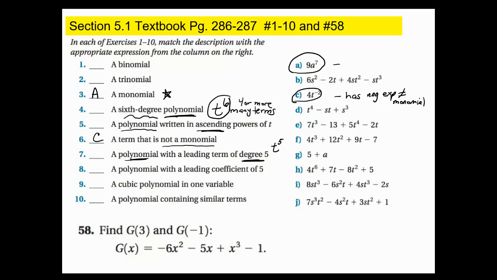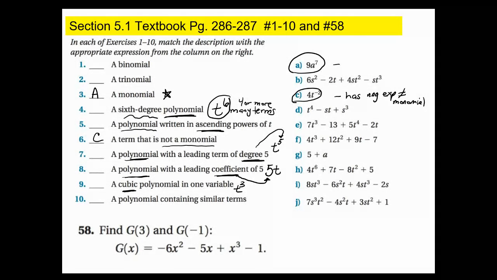Now be careful, this one's a polynomial with a leading coefficient, which means the number in front, the coefficient of 5. Degree is exponent. Okay? A cubic polynomial, cubic means T to the 3rd. So you try and match those up for me.